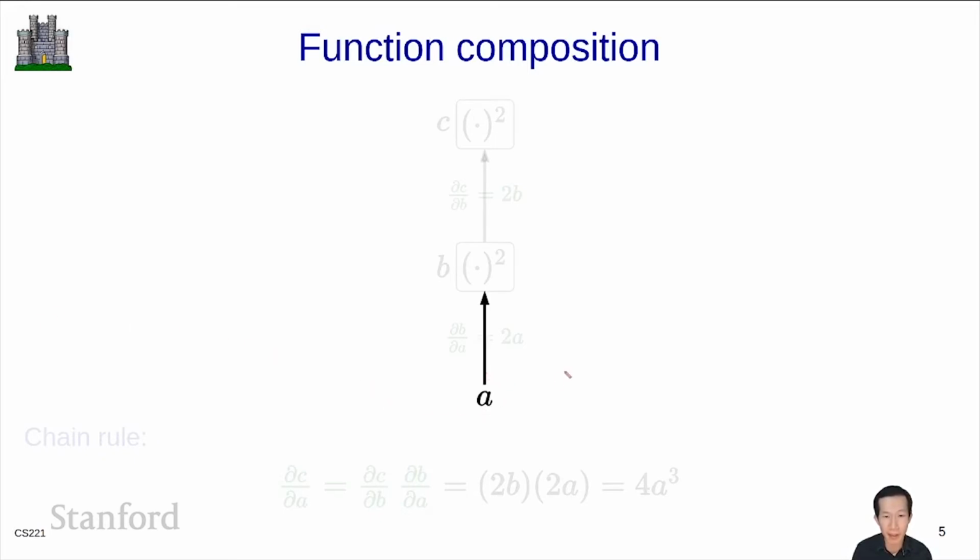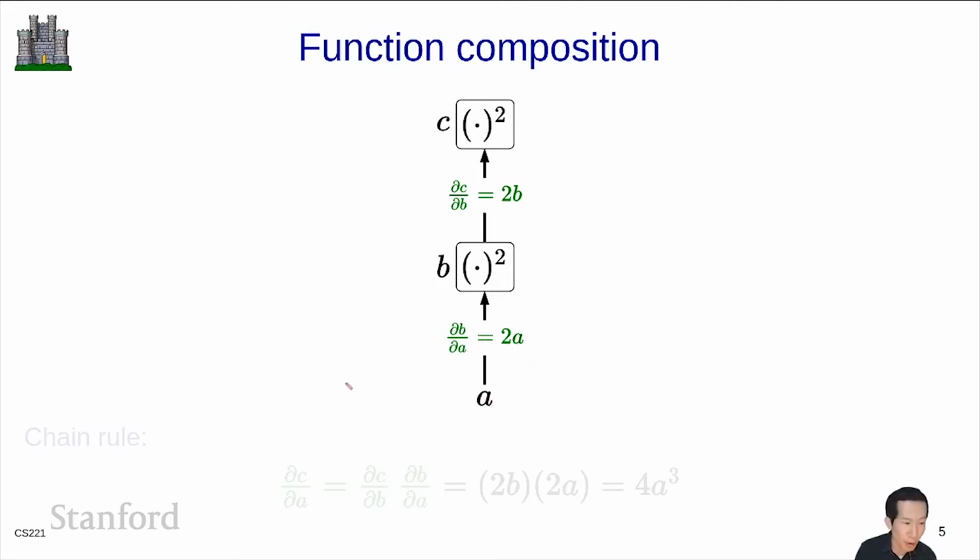Suppose you take A, you square it, you get B, and then you take B and you square it and you get C. By the building blocks from the previous slide, we know that the gradient on this edge is going to be 2 times the input here, which is B. And the gradient along this edge is going to be 2 times A. Now using these two, we can apply the chain rule from calculus to compute the gradient of C with respect to A. This is nothing more than the product of those two quantities.